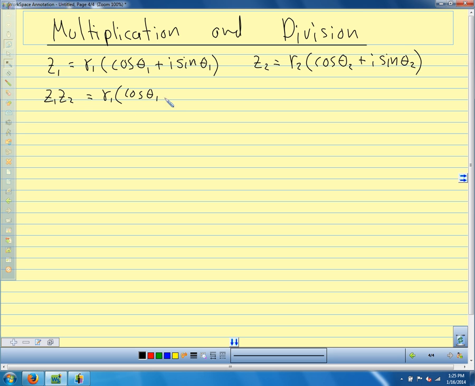So we get this, with my plus sign here, plus i sine theta 2. Well, r1 and r2 are just real numbers, so I'm going to multiply those together. So I get r1 times r2, and then these two parentheses, I'm going to distribute and FOIL those out. My first, I get cosine theta 1 cosine theta 2.